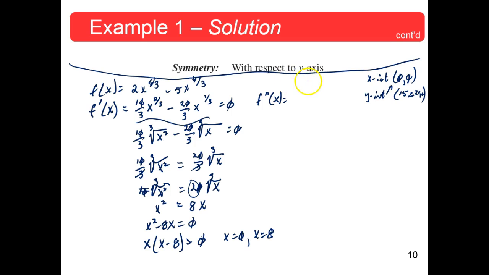Did I hear 29ths? No. What did I hear? Okay, yeah, that's what: 2/3 times 10/3 is 20/9 x to the second.